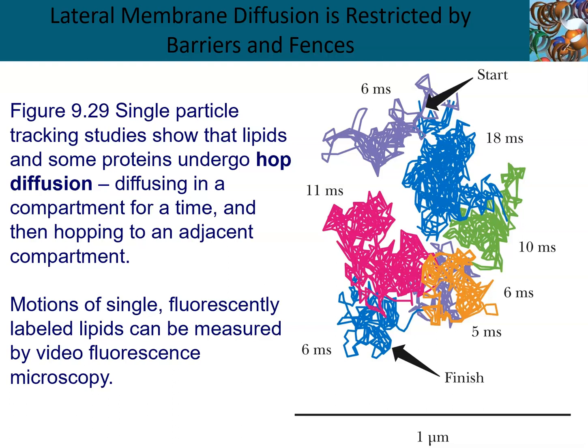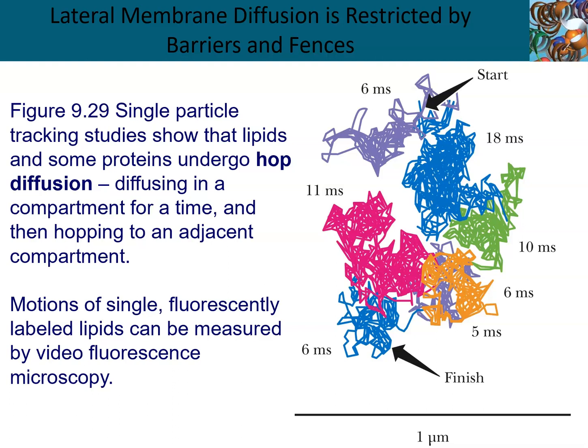What you're seeing is lipids hop across these cytoskeletal structures. So they're not perfect barriers, but they definitely keep the lipid within a zone for a while, and they can laterally hop through this hop diffusion and spend some time within a new region, then go someplace else. Now, proteins do not do that. Proteins do not hop across the cytoskeleton.